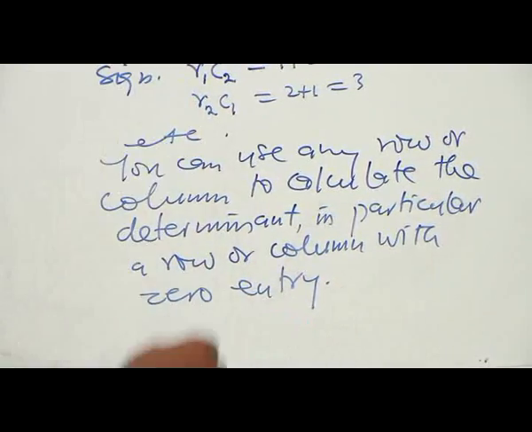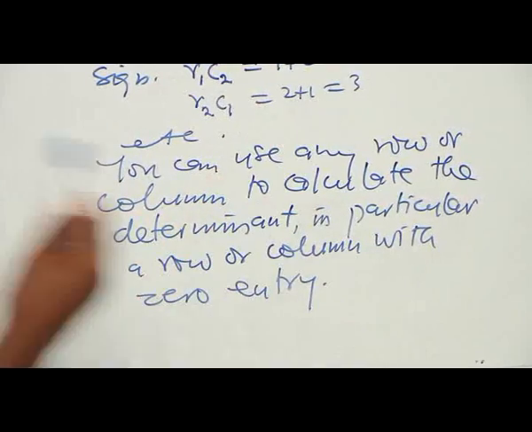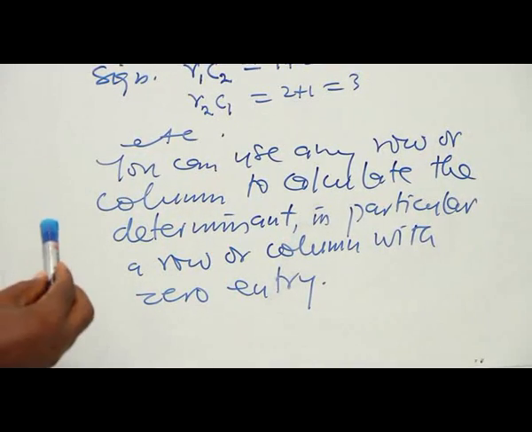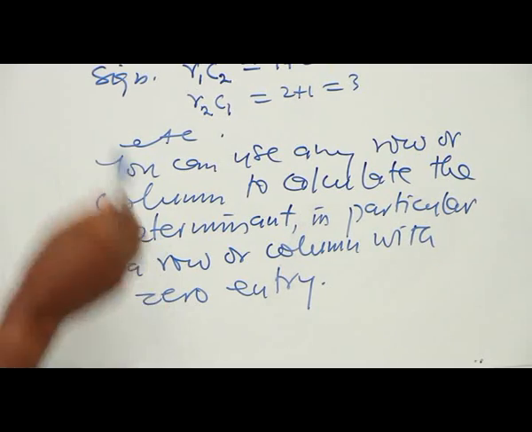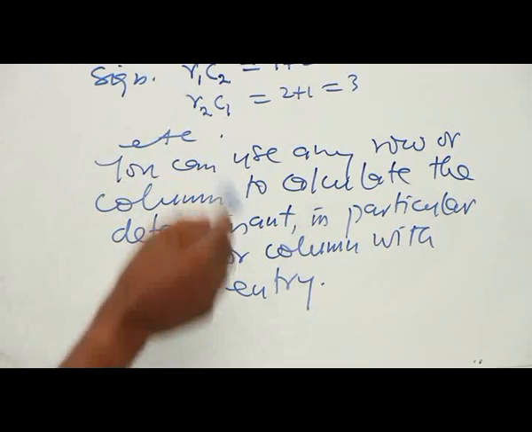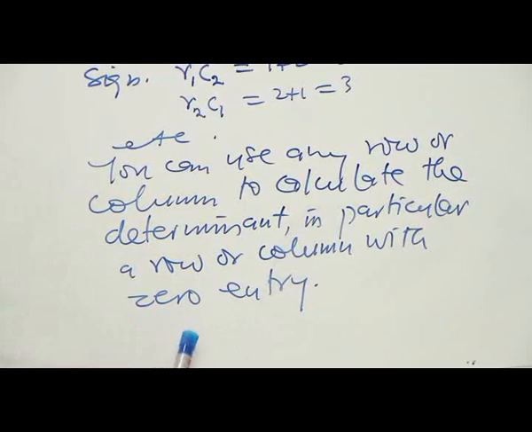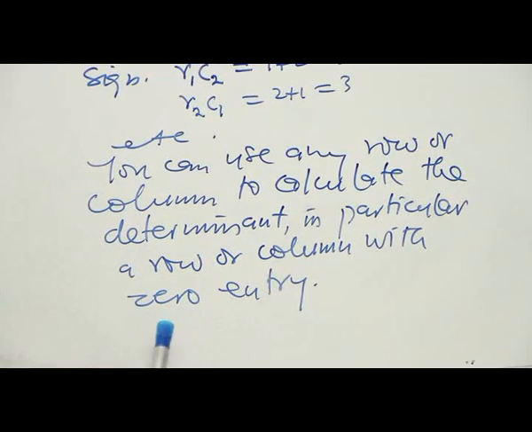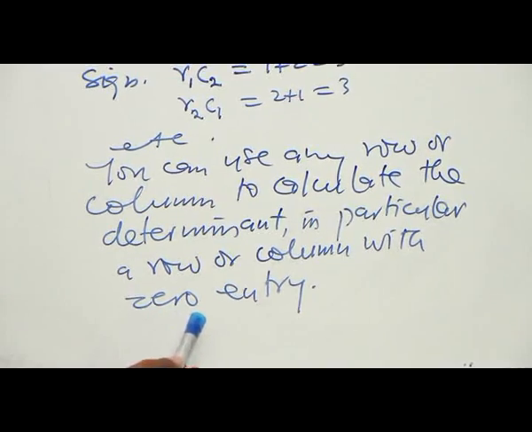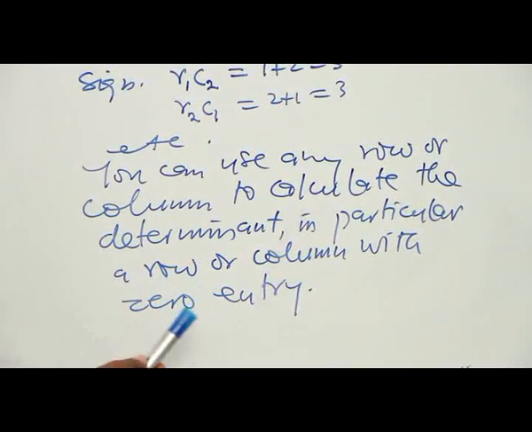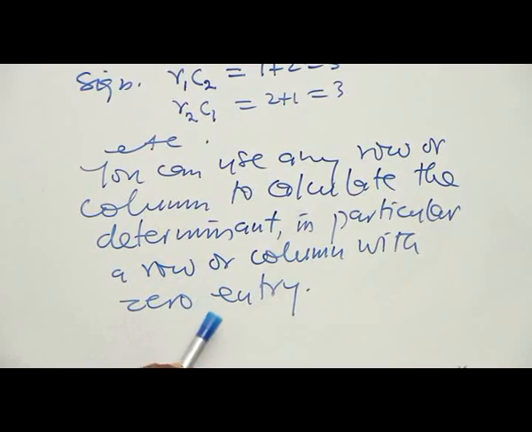You can also use any column to calculate the determinant. Most especially, you use the rows or the column that have 0 entry. The obvious reason is that when you multiply any value by 0, the result will always be 0. So that will make it easier and faster for you to calculate the determinant of that particular matrix.